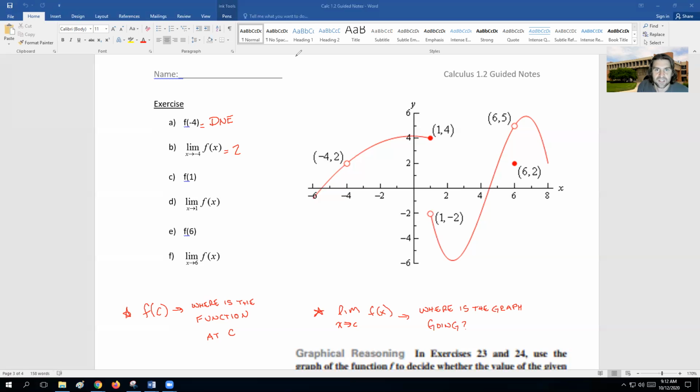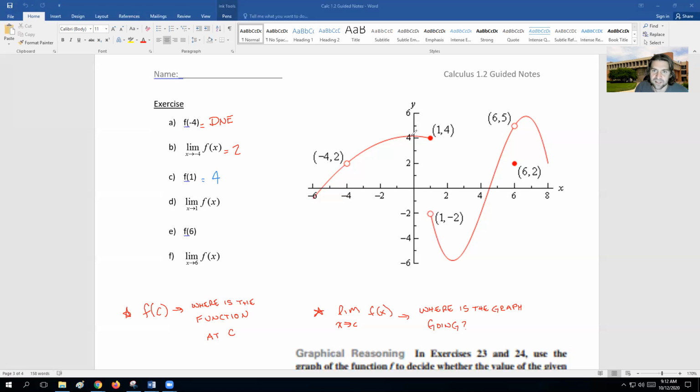Let's make sure we understand all the different scenarios that could happen there. What about f of 1? Remember, f of 1 is saying where is the dot at 1? Well, we got a closed one and an open one. Technically, our closed dot is our location, so that closed dot would be at 4. Now what is the limit as we get closer to 1? Now it's saying where's the graph going?